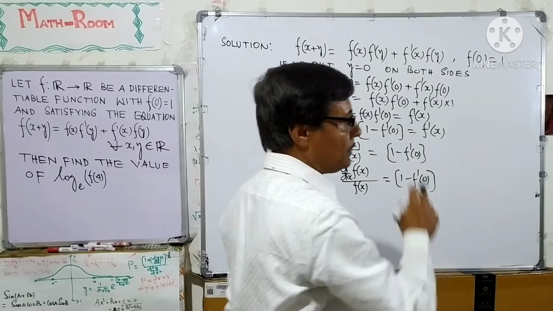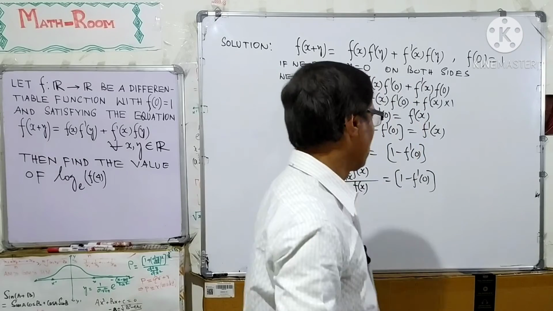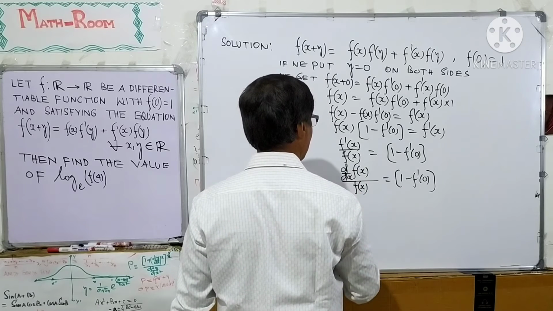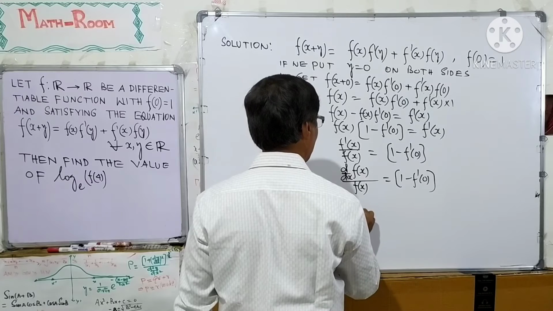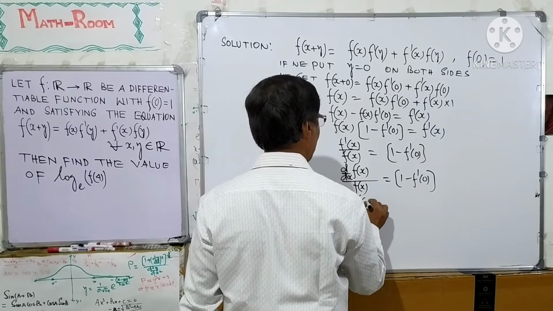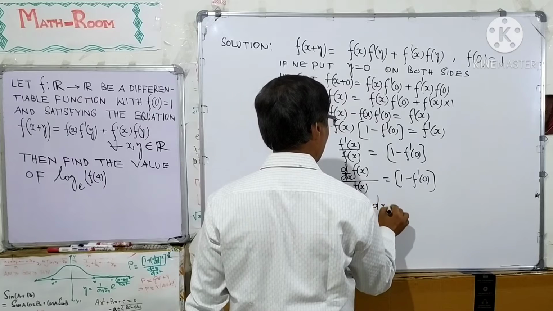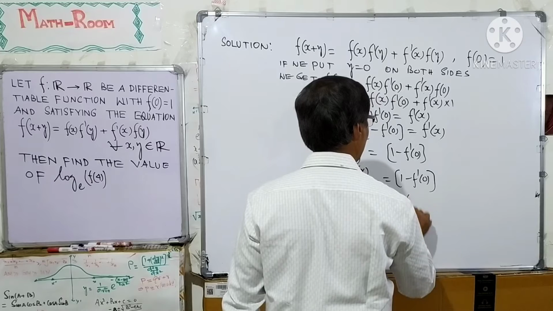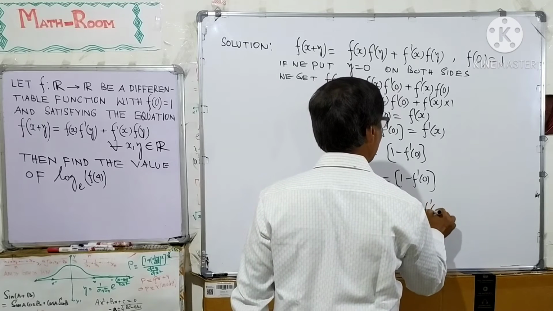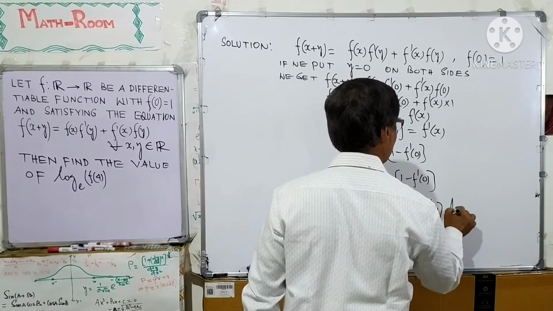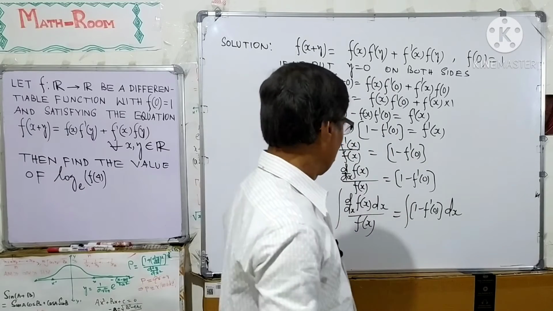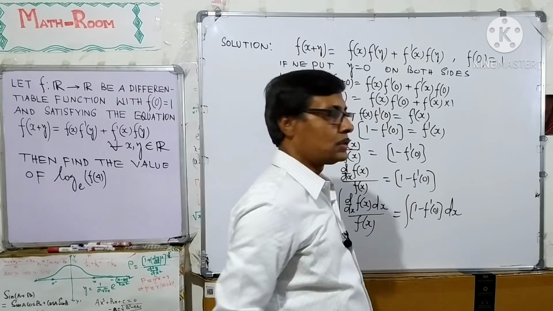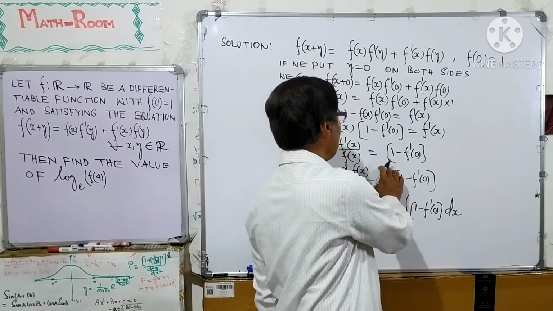Now, if we integrate both sides with respect to x, we get the integral of d/dx of f(x) dx over f(x) equal to the integral of 1 minus f'(0) dx.